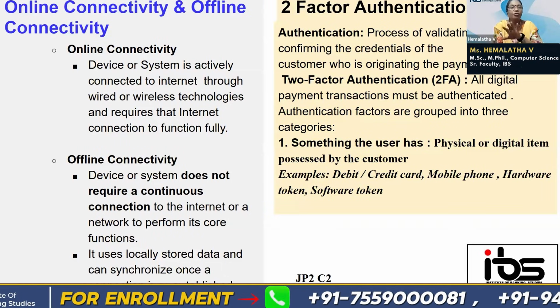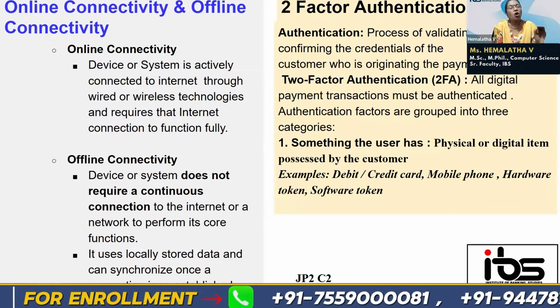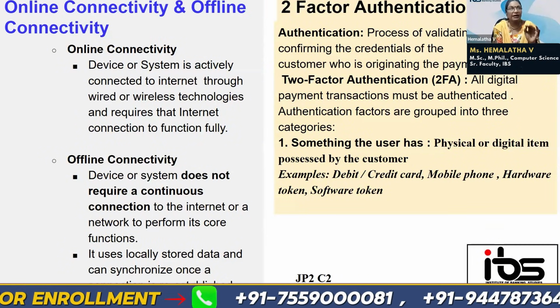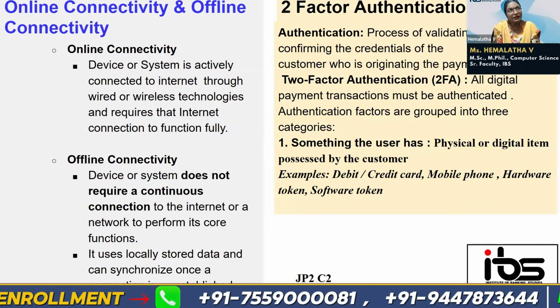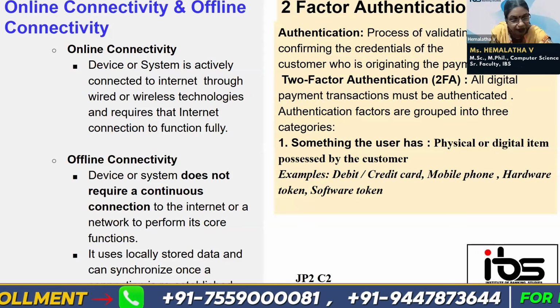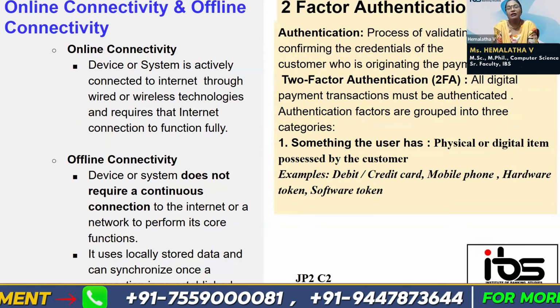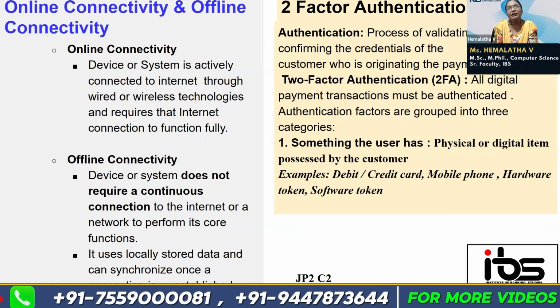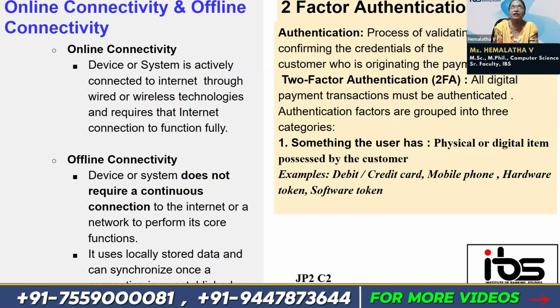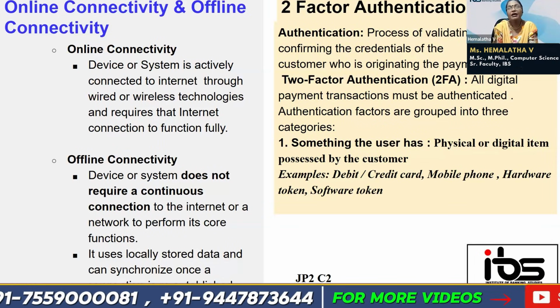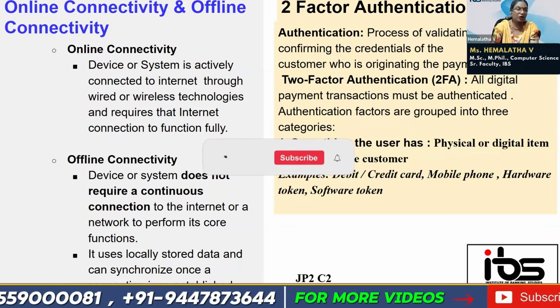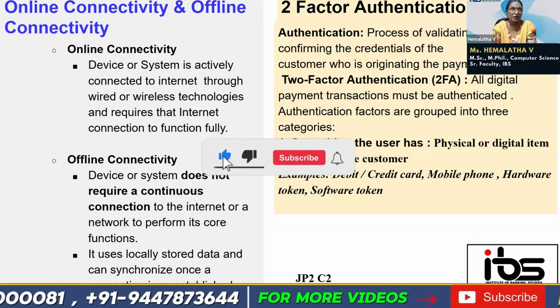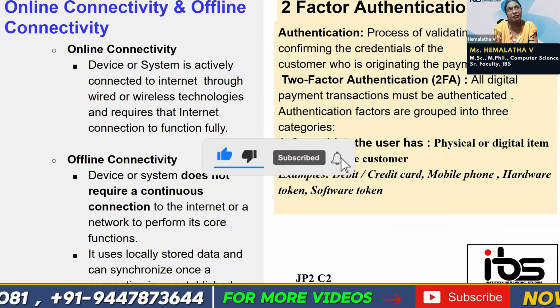Before that, I wanted to make clear what online connectivity and offline connectivity are. With offline connectivity, the internet is not required continuously. We saw in core banking that you have branch servers, and everything is stored in the branch server.